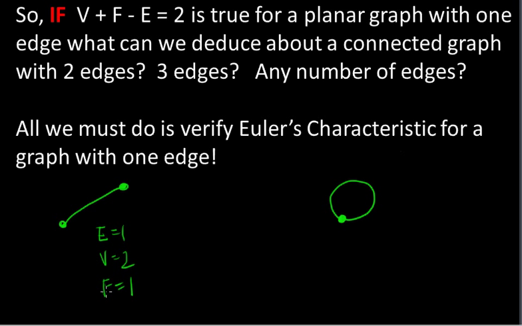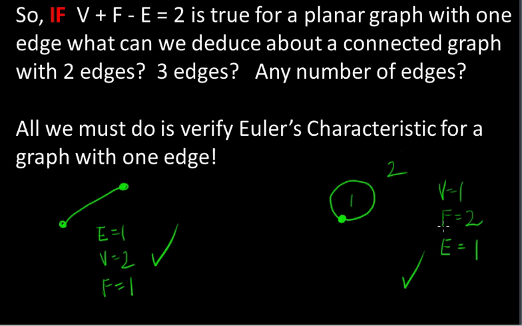And we see that faces plus vertices is 3 minus 1 is 2. Theorem is satisfied. In this case, we have two faces. We have face 1 enclosed and the outside face. So vertices are 1, faces are 2, and edges, it was just 1. So again, vertices plus faces minus edges is 2.